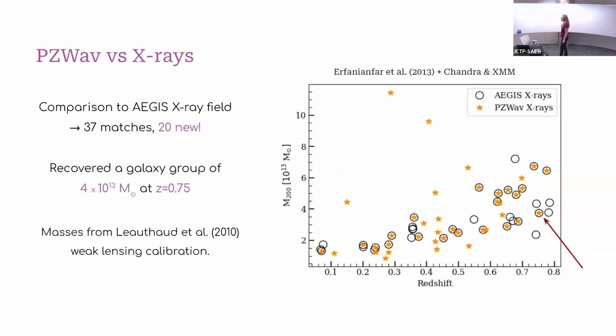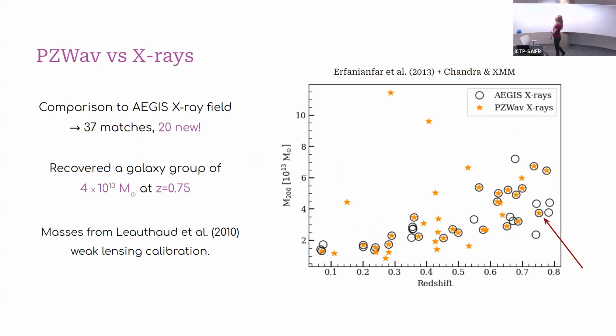With this catalog, we compare to AEGIS and the AEGIS X-ray field, which is an overlapping area with miniJPAS. This catalog was already published and is established in the literature. The dark circles are those, and the stars are the ones that I found with WaZP.